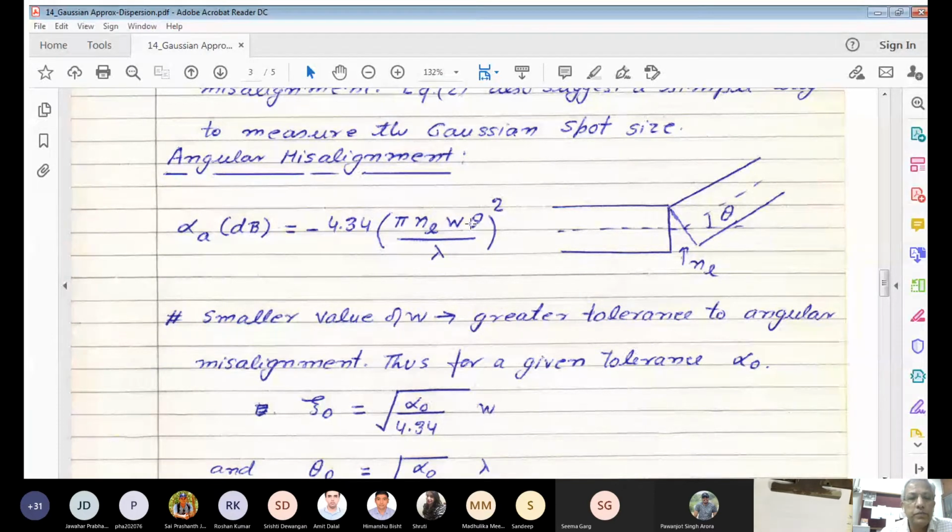So you can see that if W increases, the loss with respect to angular misalignment increases.